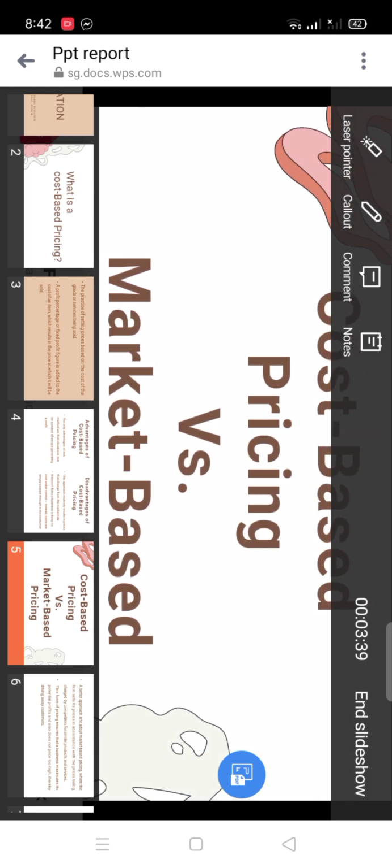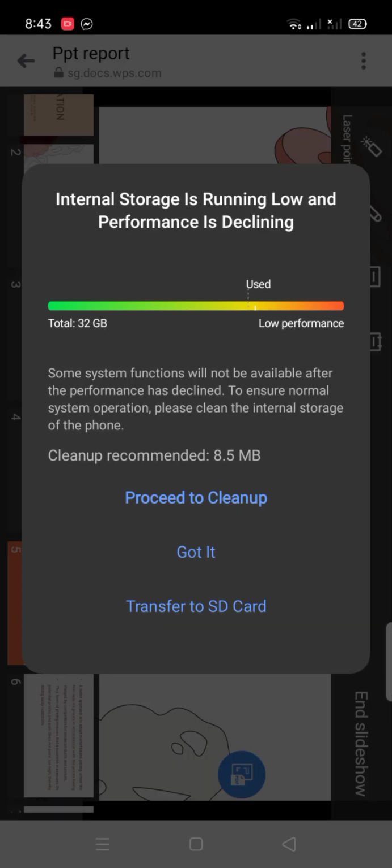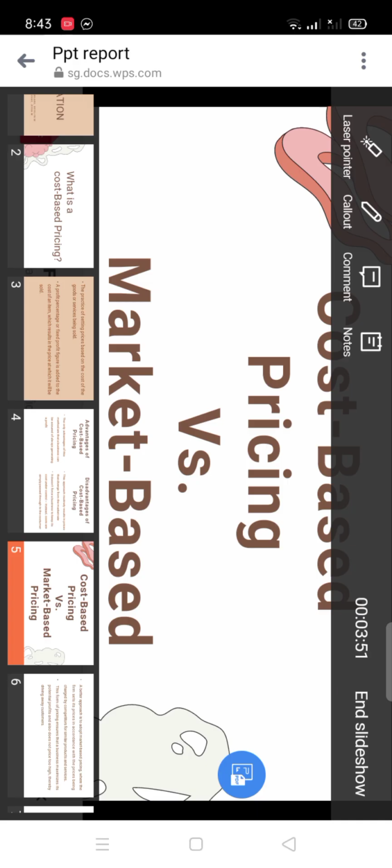So, let's proceed to cost-based pricing versus market-based pricing.